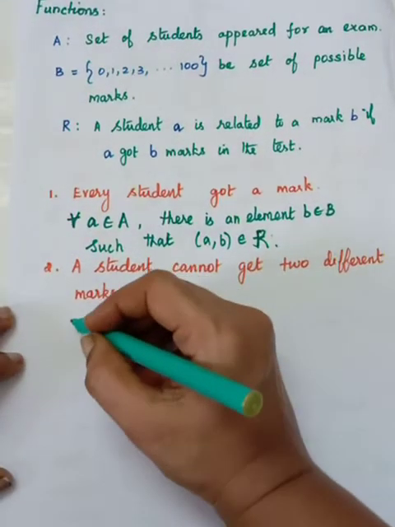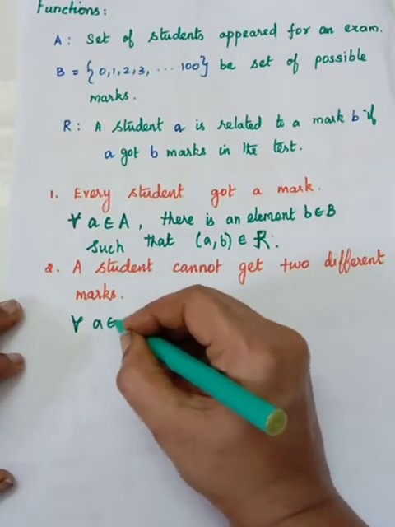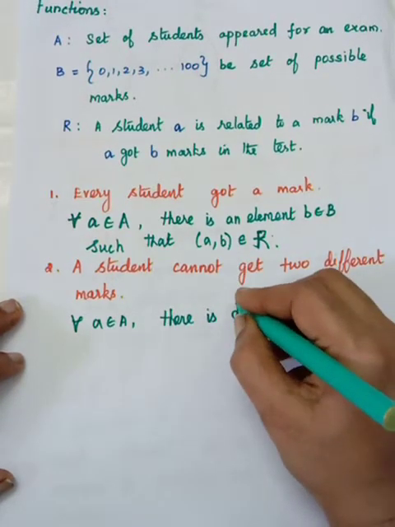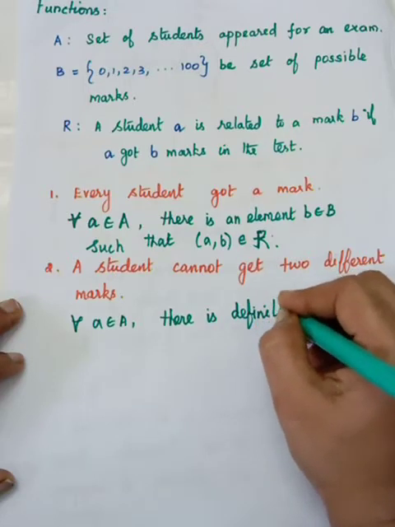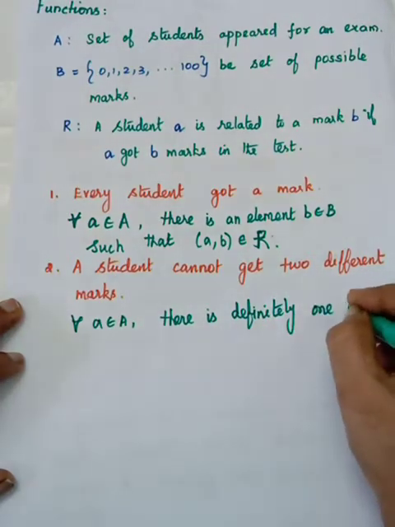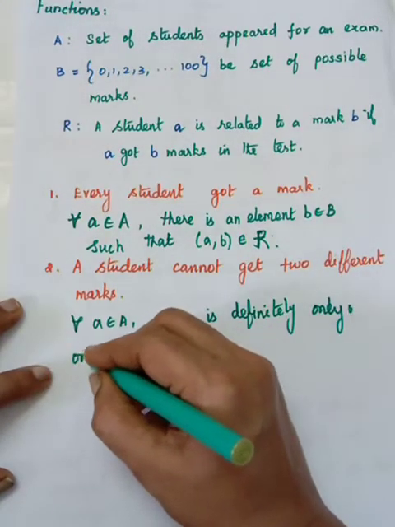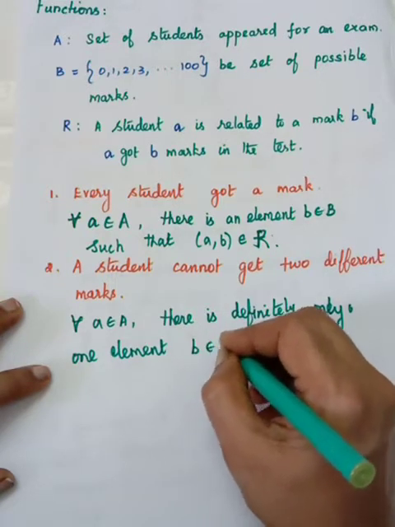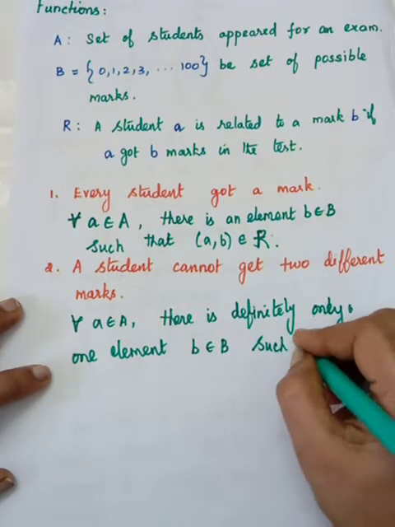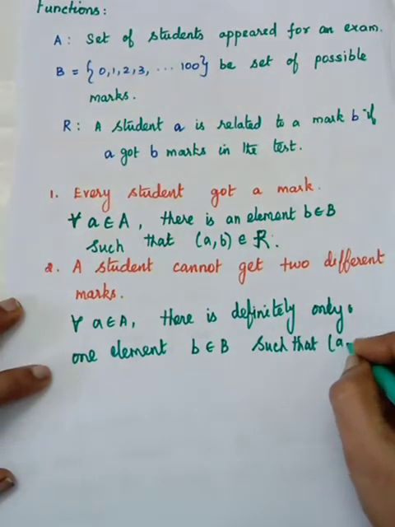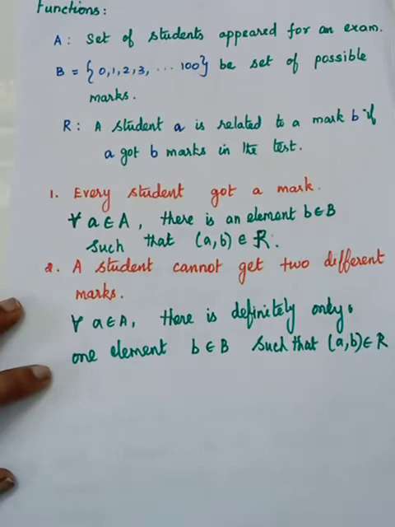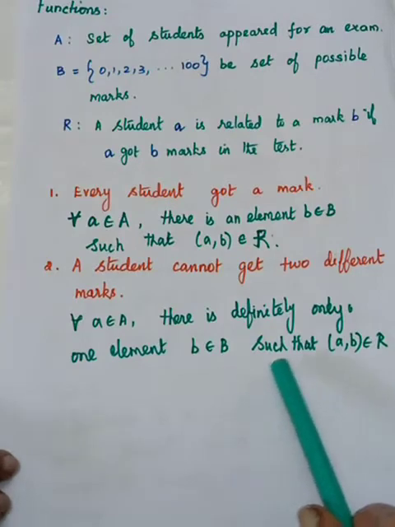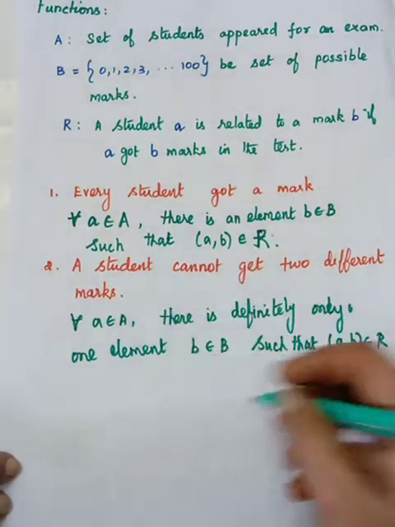In other words, how can we say it: for all a belongs to A, there is definitely only one element b belongs to B such that the ordered pair (a, b) belongs to R. So there is a difference here. There is definitely only one element b belongs to B such that (a, b) belongs to R.